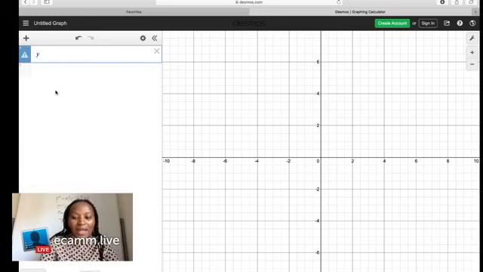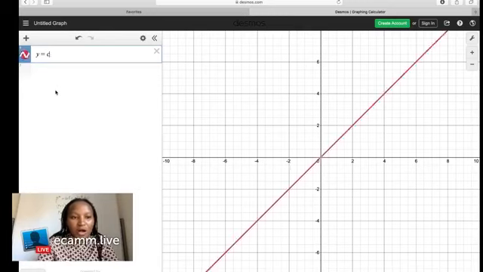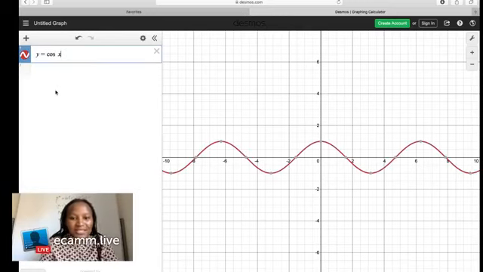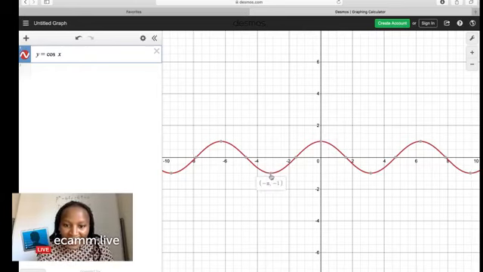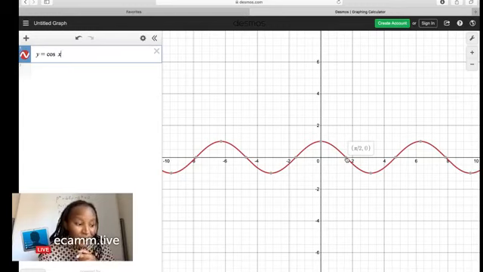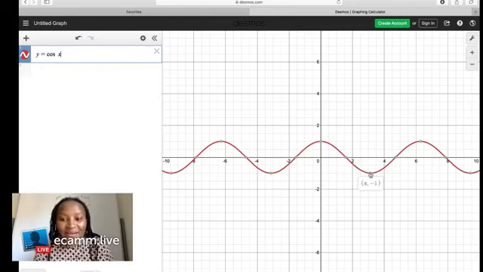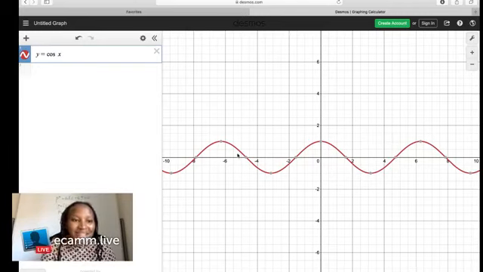So I'll say y is equal to cos x. This is the graph, and here they give it in radians. So it's 0 and 1, and -1. Here it's 0 and pi over 2. If you didn't catch my video on how to convert, you can go and check. Pi over 2 is equal to 90. And then here, 180. Okay, so this is the standard graph.